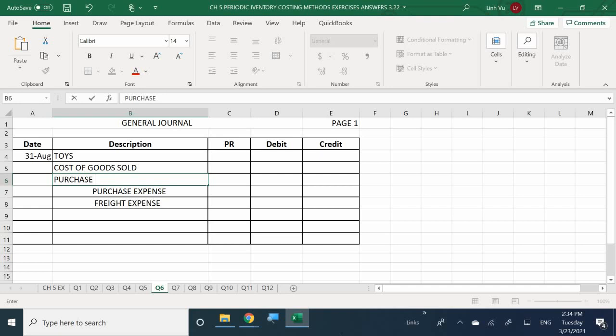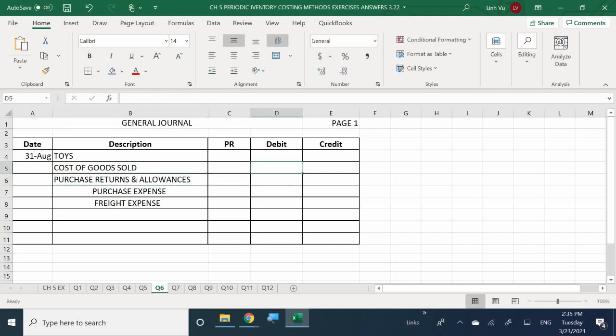Now that we're doing a conversion, we have to distribute them: a section for which ones are going into inventory, a section where we sold the inventory, and a new section where we also have to get rid of some of the toys. As we made our purchases and recognized that we have a return, we're essentially putting those toys in the returns bucket. So, purchase returns and allowances.